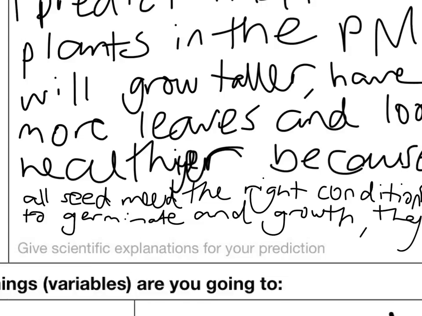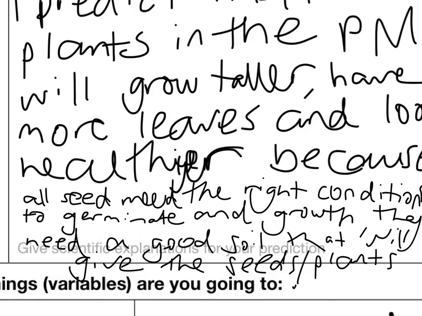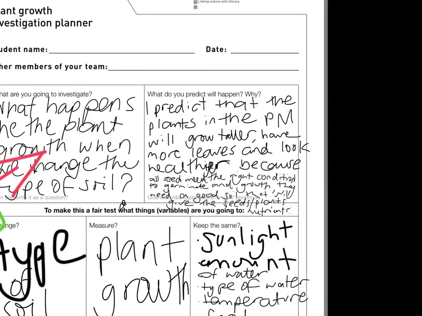They need a good soil that will give the seeds or the plants nutrients to support growth. I won't finish off that because I've run out of room and I just want to show you how to use a variables grid and how to plan.